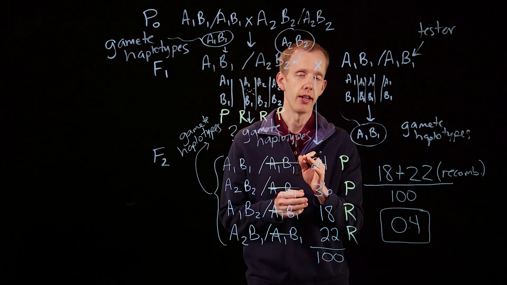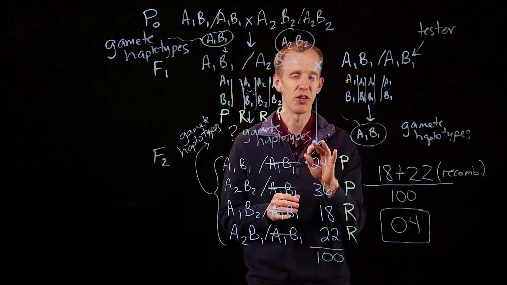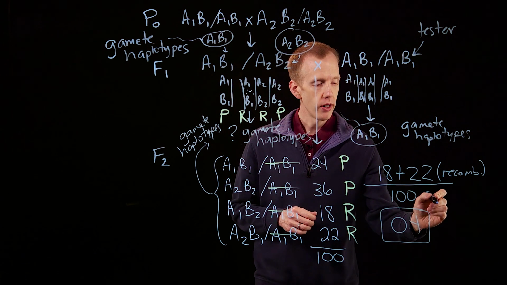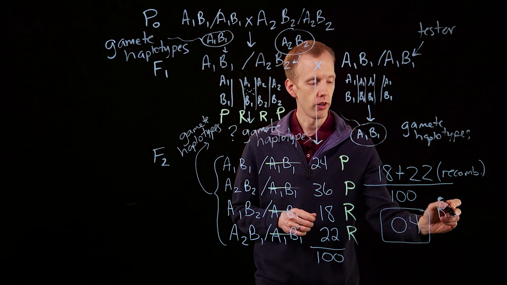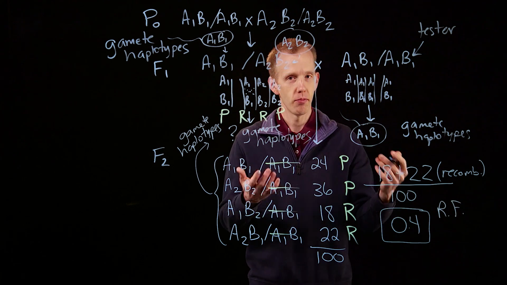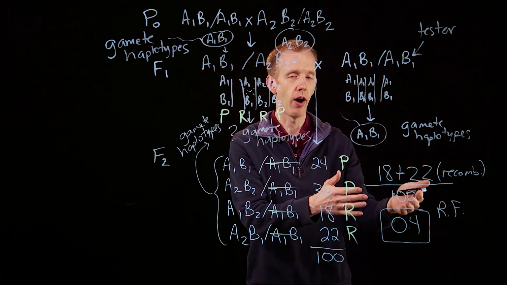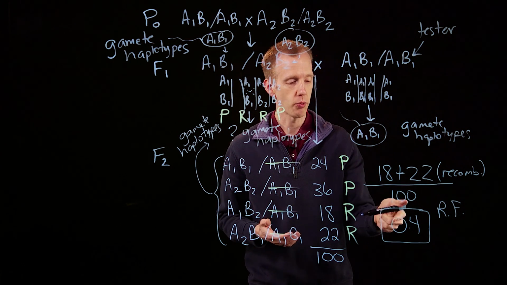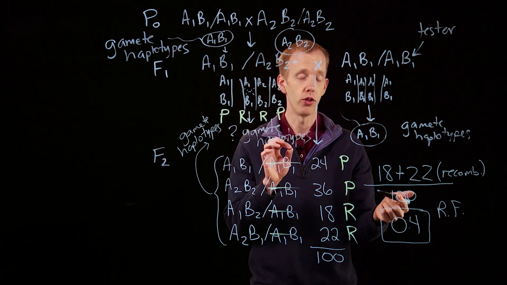Genetic distance is measured using, unfortunately for you, 3 different types of units. 0.4 is called the recombination fraction, or RF, because that's just what we calculated, the fraction of gametes that are recombinant types. So it's going to be an expression that's easily converted to a percentage.